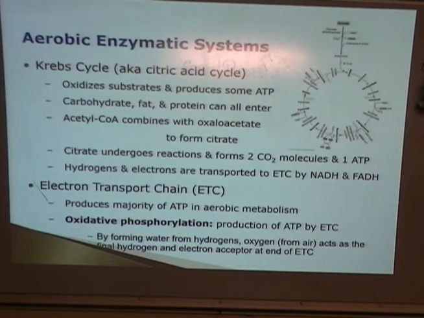My glucose is a 6-carbon molecule. My pyruvate is a 3-carbon molecule. Acetyl-CoA is a 2-carbon molecule. So when pyruvate gets turned into acetyl-CoA, we lose a carbon. That means that for every 1 molecule of carbohydrate, I get 2 acetyl-CoAs.